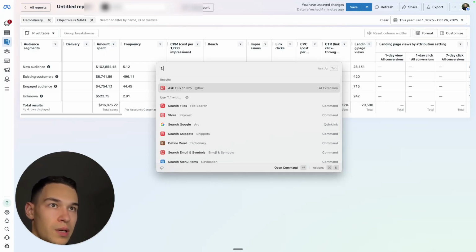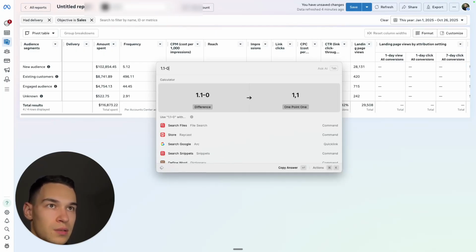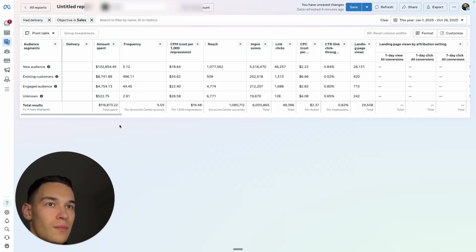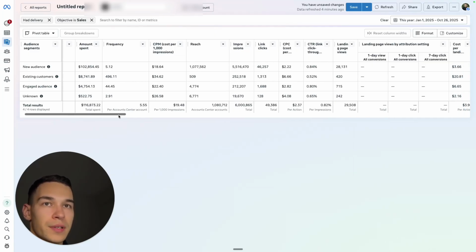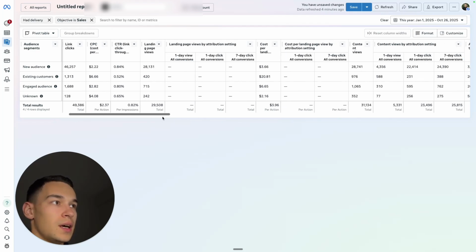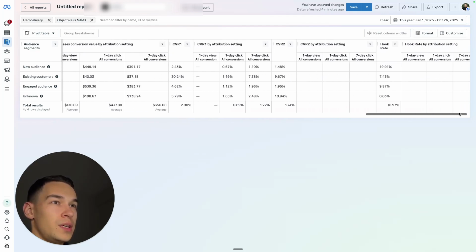So 1.1 minus 0.7 means 400,000 people were basically not new customers. So they're still reaching new customers, but I would say they kind of wasted some money on existing customers and the engaged audience as well.